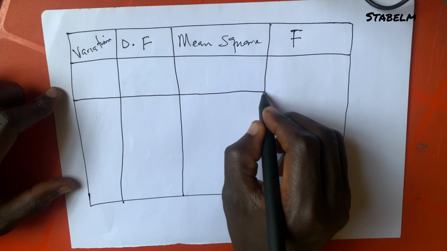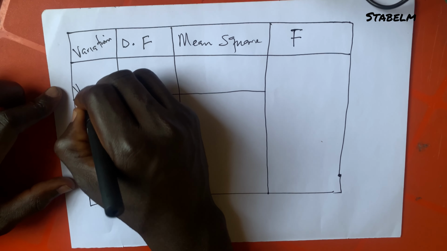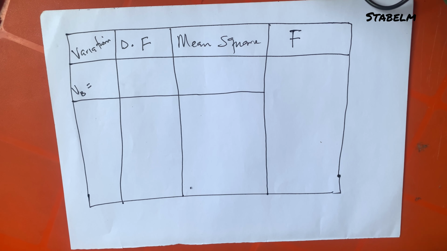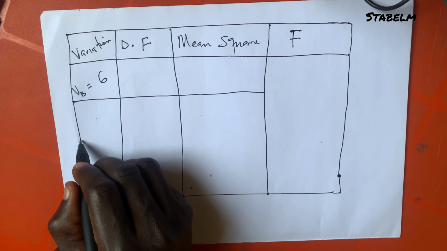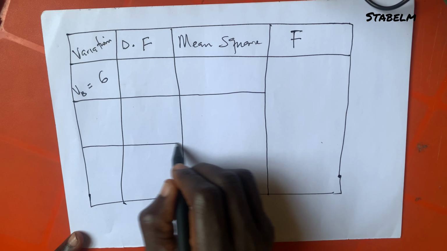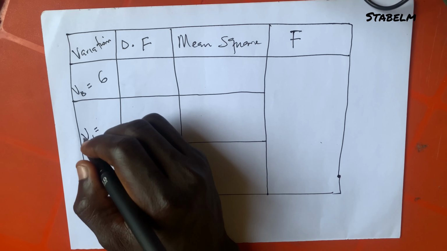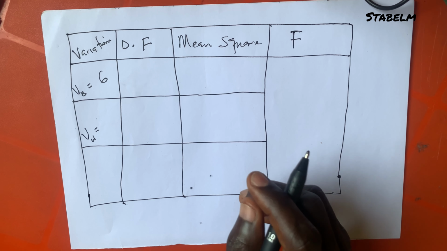The first row in the ANOVA table, we have a variation between. And variation between treatment, just like we calculated before, is 6. So we put the 6 here. For the second row, we have a variation within treatment, just like we calculated from the previous slide.